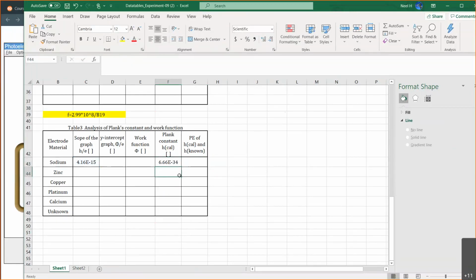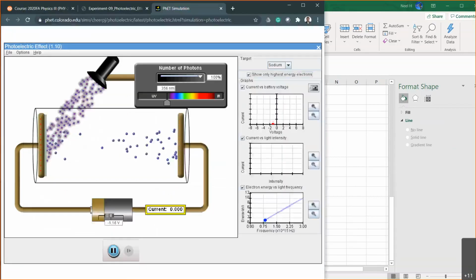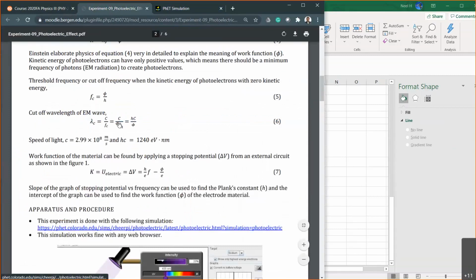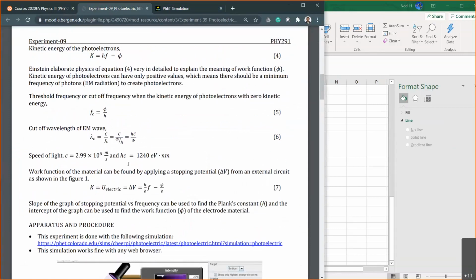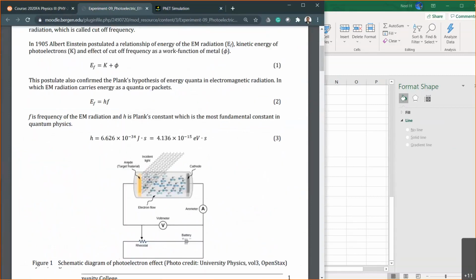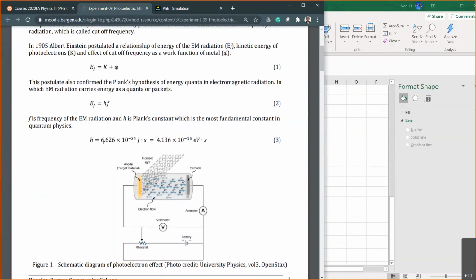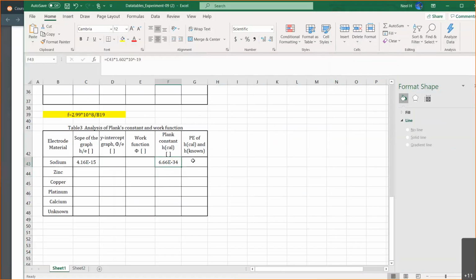Either way is fine, okay? I'm getting 6.66 times 10 to the negative 34. So it's a very good number. If you go to your theory section, you have the expected value for the Planck constant, that is 6.626 times 10 to the power negative 34. So we are in a very good margin of error.